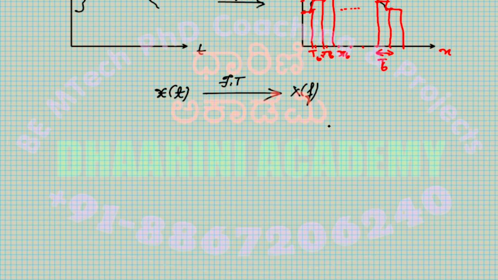What is the first thing the x of f gives you? It actually tells you many things. As soon as I have x of t, I took its Fourier representation, I get a plot. From that plot of x of f, what do you come to know?